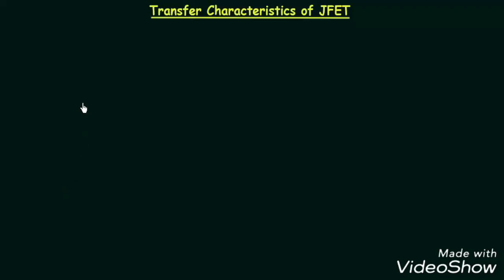We have already obtained the output or drain characteristics of junction field effect transistor, and in this lecture we will obtain the transfer characteristics. So what is the transfer characteristics?